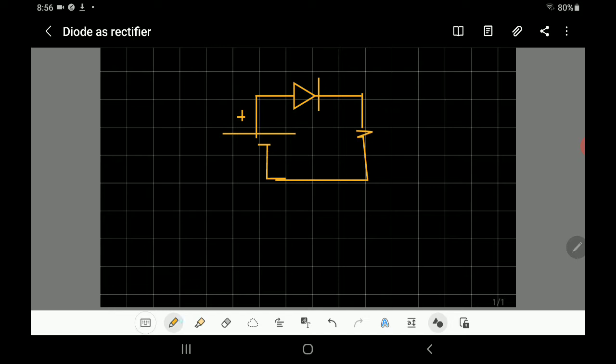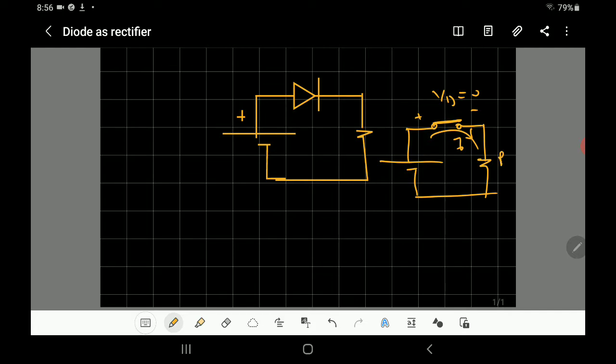We can represent it as a closed switch, so it's like a short circuit. So the voltage across the diode is equal to 0, and the current will increase rapidly according to the voltage.